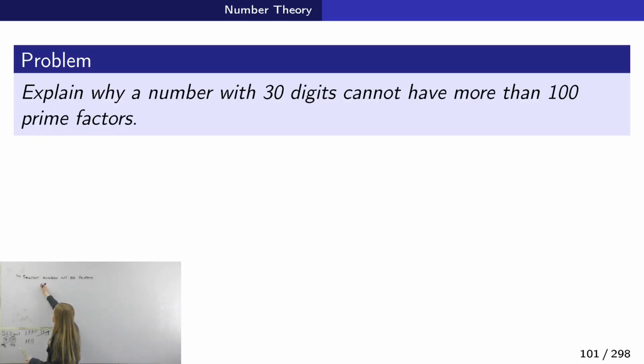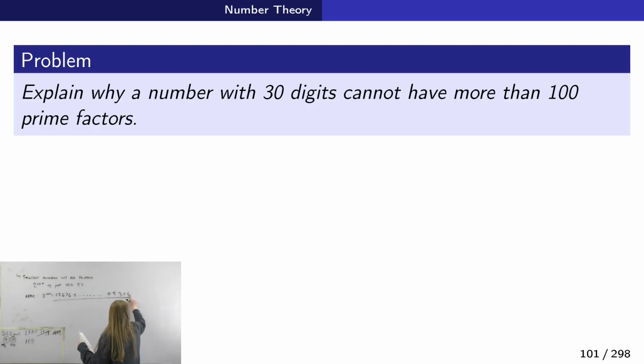Yeah, 2 to the 100, which is just 100 twos. Okay, note, 2 to the 100 is equal to a very large number. This is just a number, right?